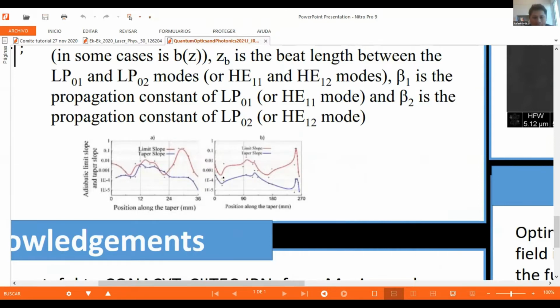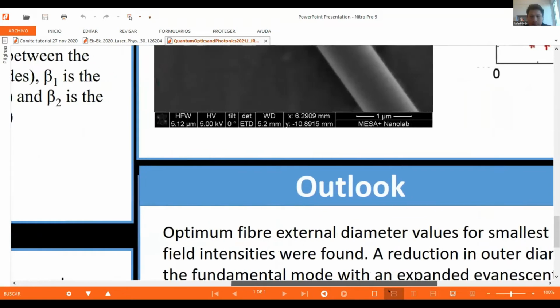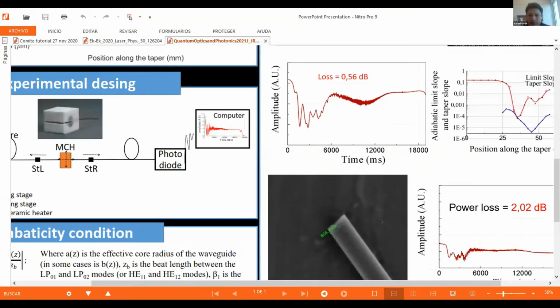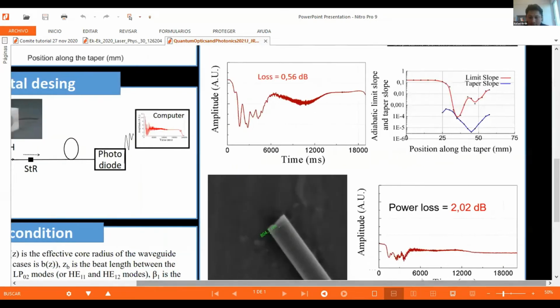So if we want really nice tapers according to the adiabatic criterion, we need a long tapering. Our first results I'm going to present in this part.